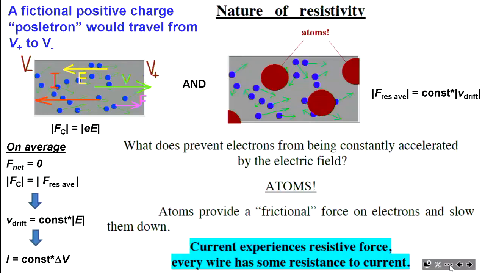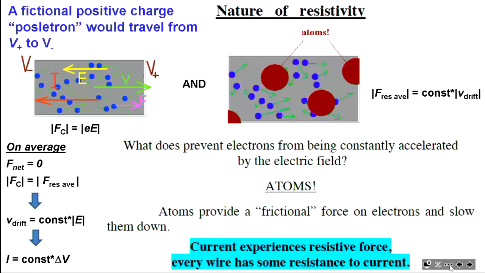And that's why, if we set those forces together, we can conclude that electric current, which is the representation of the average flow, not instantaneous, is proportional to applied voltage. No voltage, no electric field, no electric current. Electrons just chaotically move in all directions.